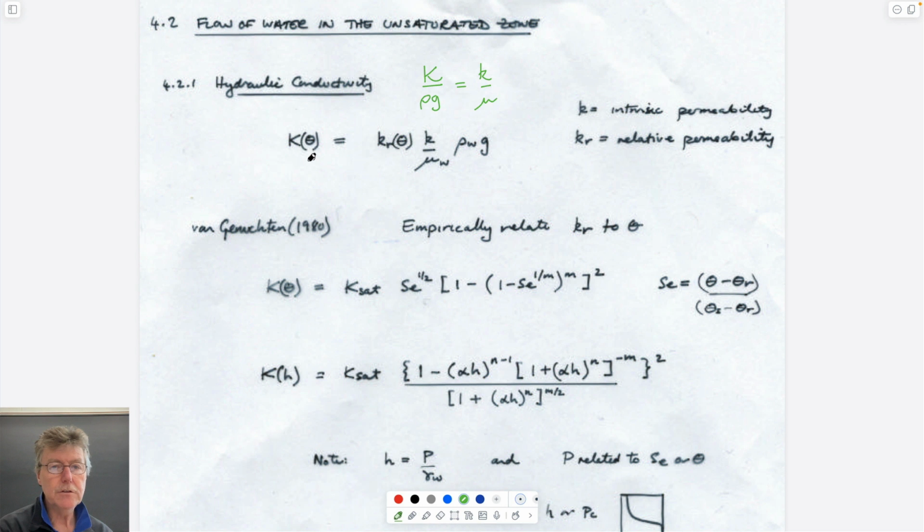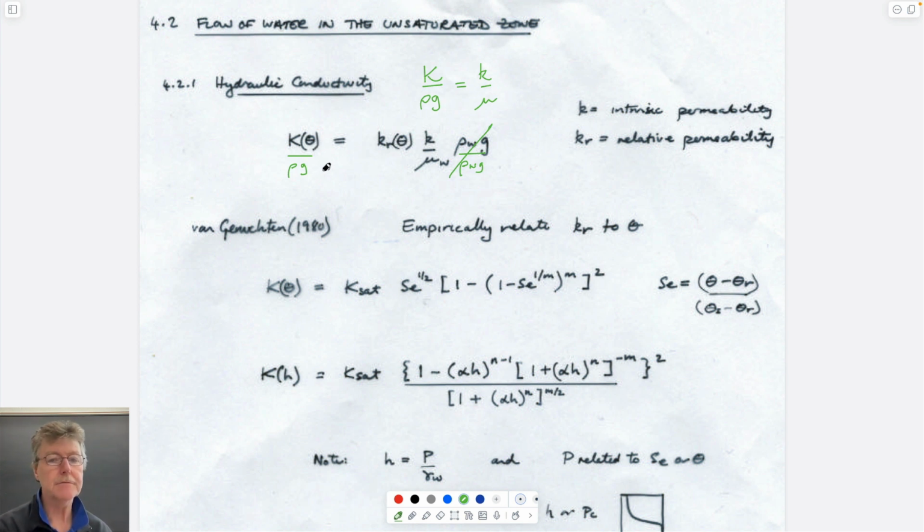And so I guess you could describe this term here, just divide both terms by, and this term would cross out, right? So in other words, this effective hydraulic conductivity, if you ignore all the green type on here, is really just a relative permeability multiplied by saturated hydraulic conductivity.